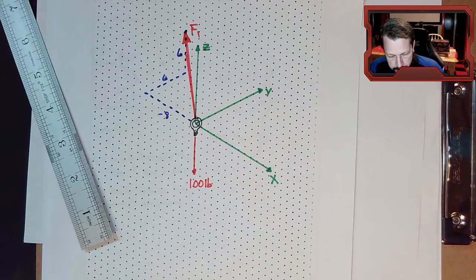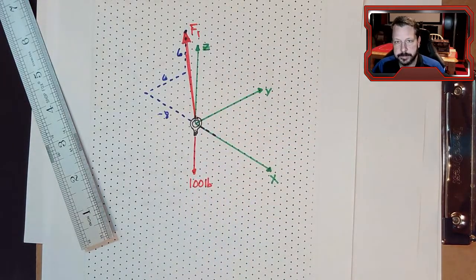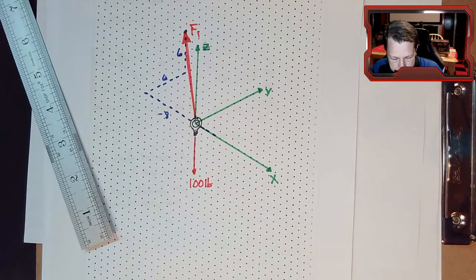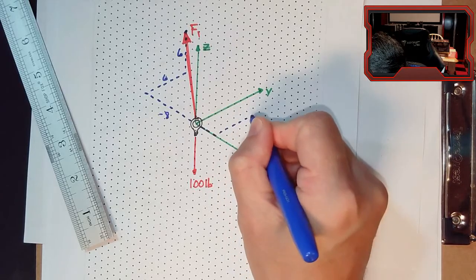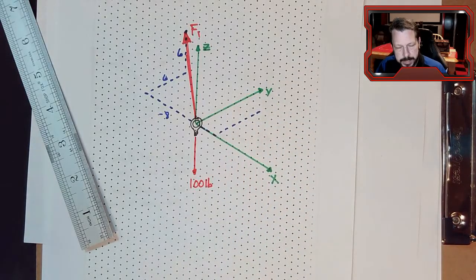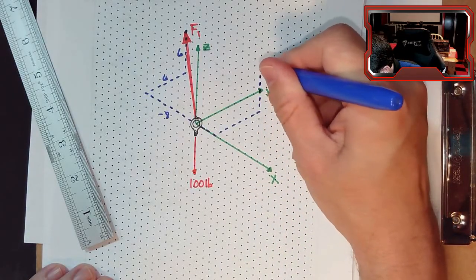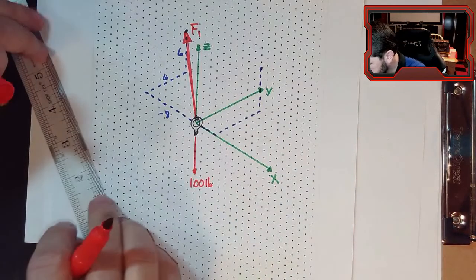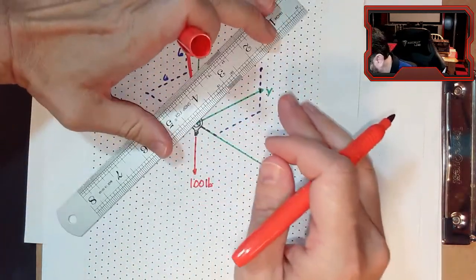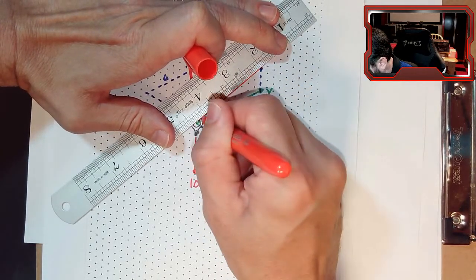All right. Cable 2 has a positive 3 x component. It goes up 3 in the positive x direction. It has a positive 7 in the y direction. And I made them all positive 6 in the z direction, so it also goes up 6. So that's where it ends up at, and its vector would do something like that.